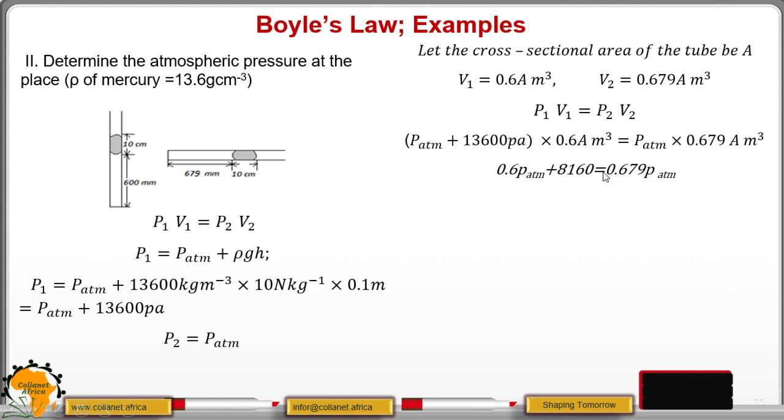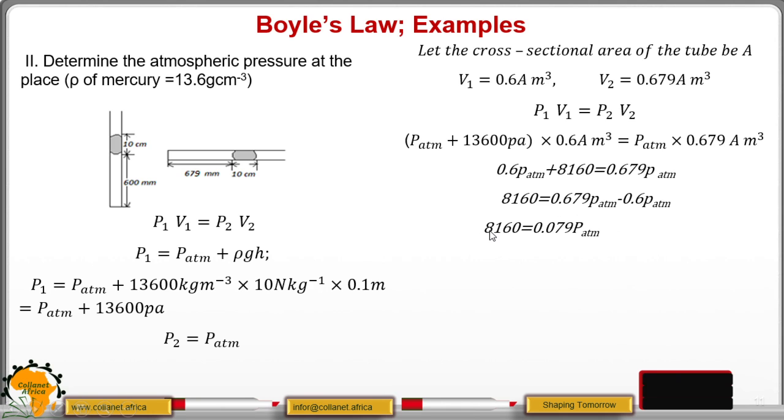After that, we need to bring the like terms together. By so doing, this side you are left with 8,160. Then when you take this term to the other side, it will be 0.679 minus 0.6 atmospheres. When you subtract, this will give you 0.079.